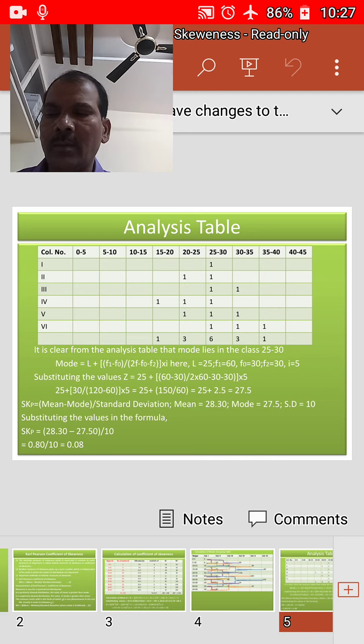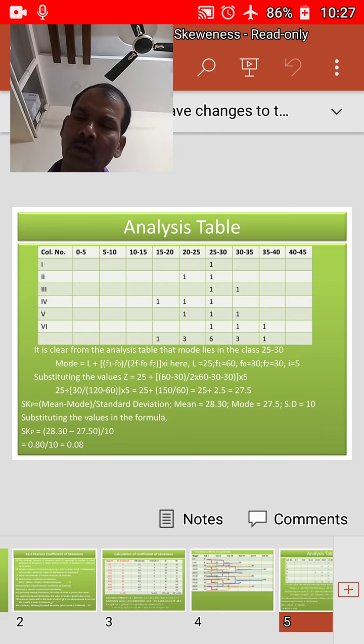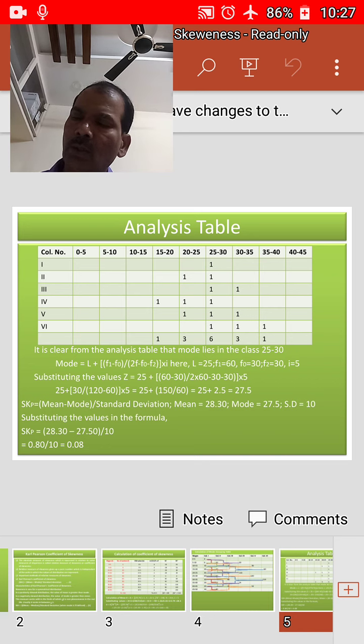Now we'll find SKP by using these values. We got the mode, mean and standard deviation, hence we need to substitute them in Karl Pearson's coefficient of skewness, that is SKP is equal to mean minus mode by standard deviation. Mean is 28.30, mode is equal to 27.50, and the standard deviation is equal to 10.015.